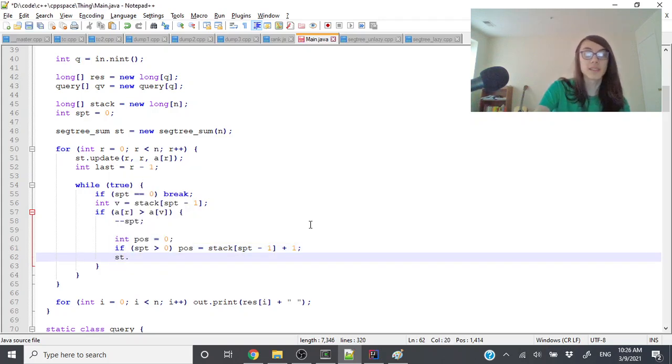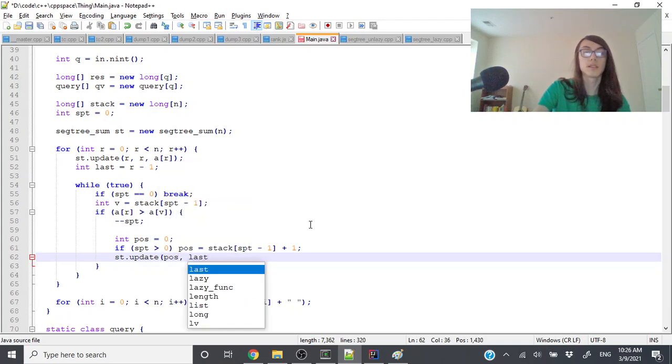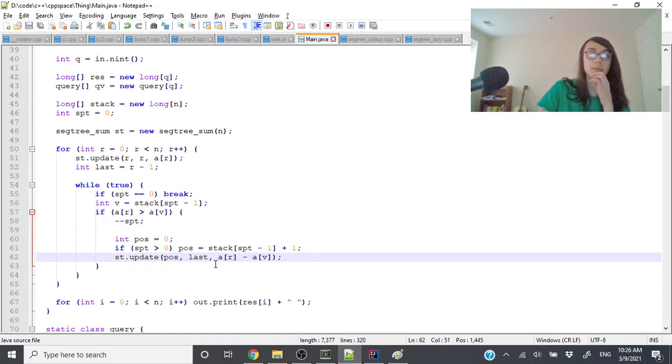Okay, so st.update. It's from position to last, and the value is AR minus AV. We're gonna update the range to make it so it's all equal to AV.